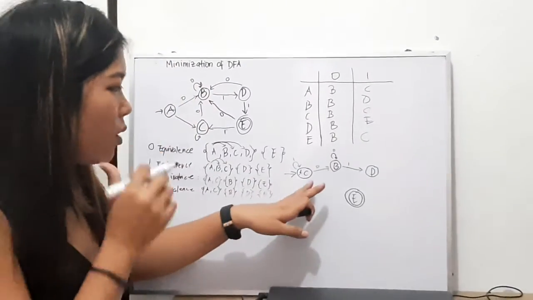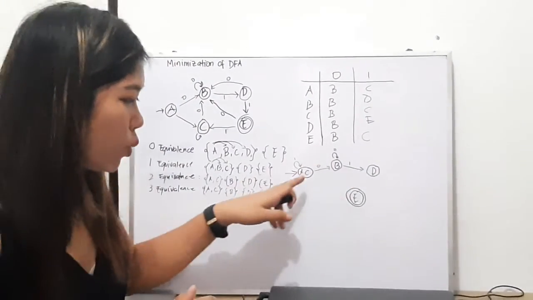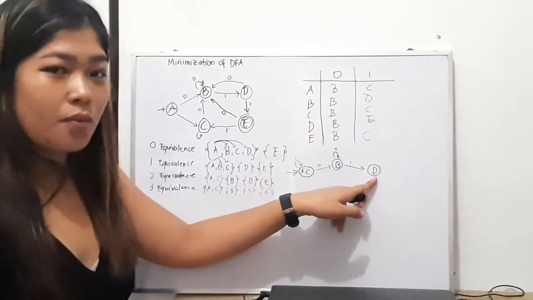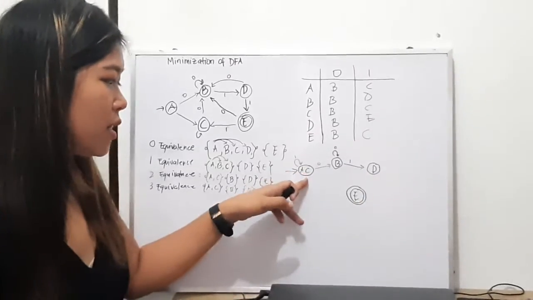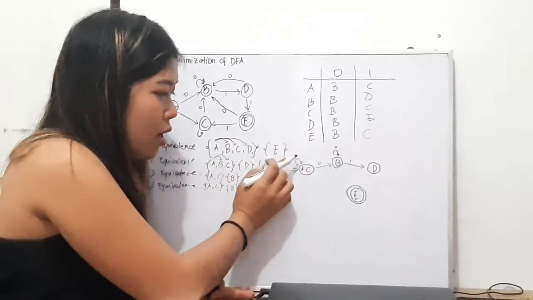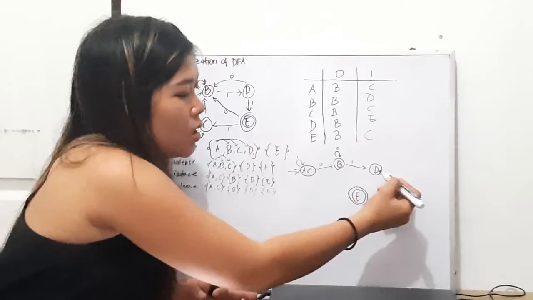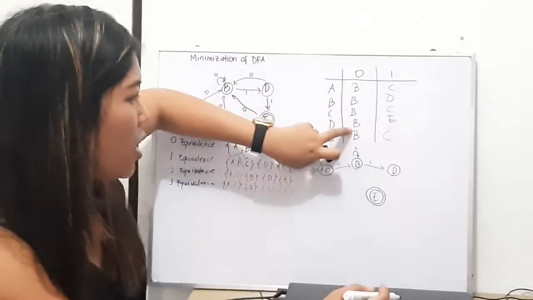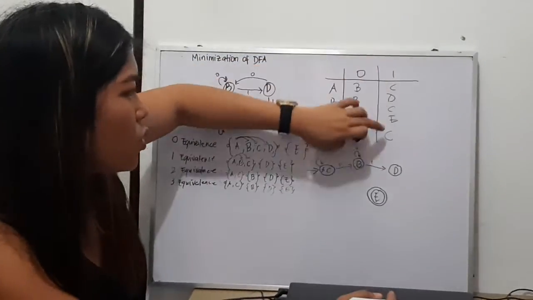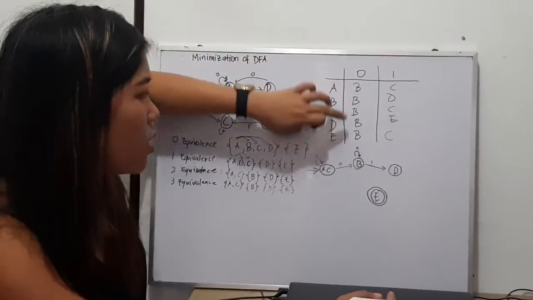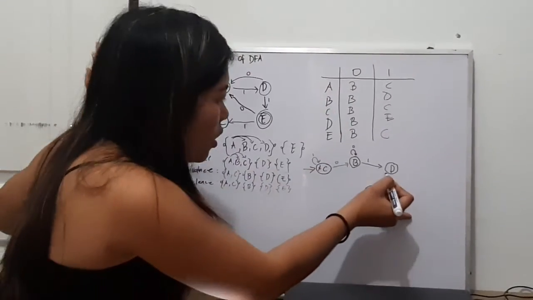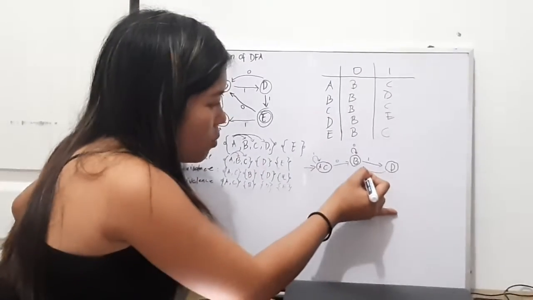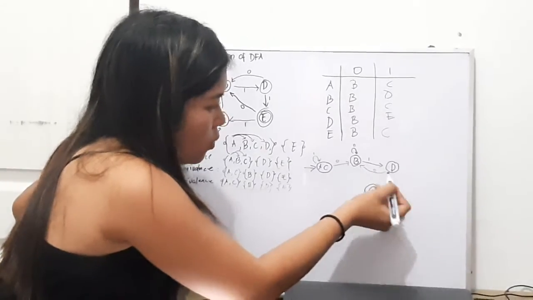Now let's proceed to D, because C is not a problem now since it is completed. D given input 0 goes to B, so let's put here 0.